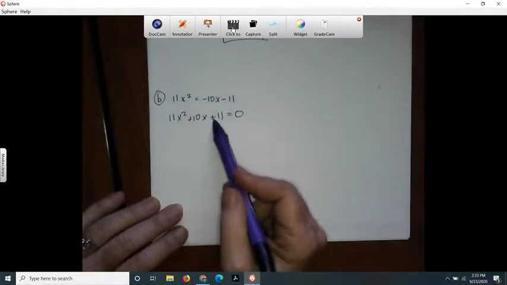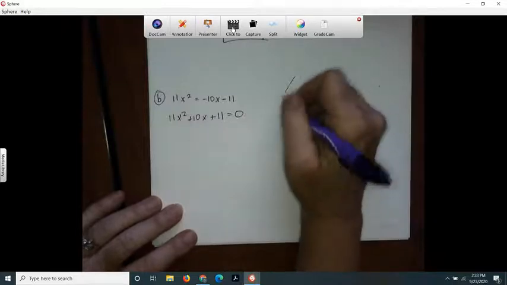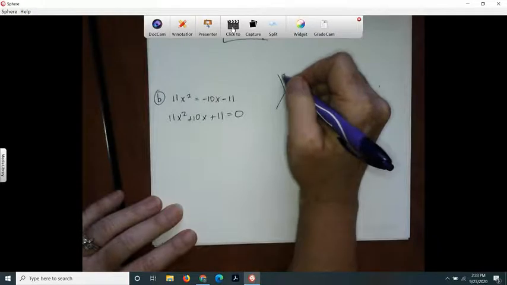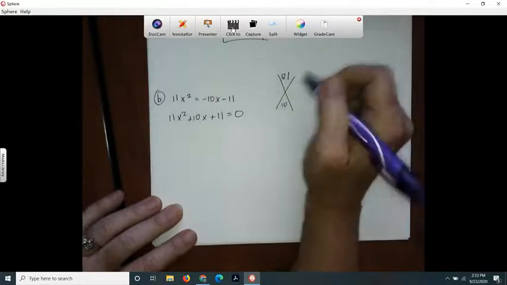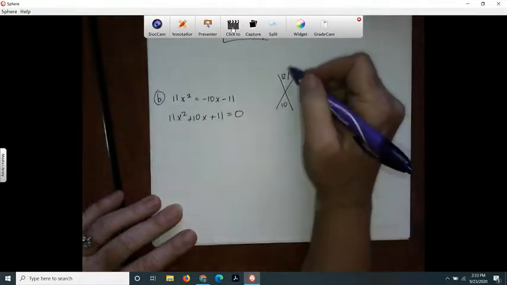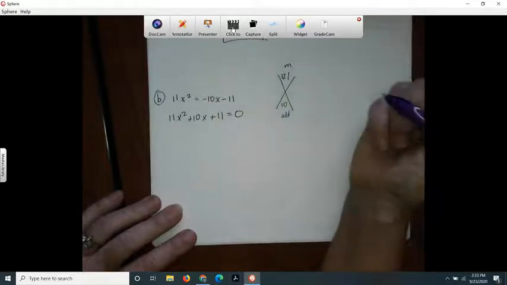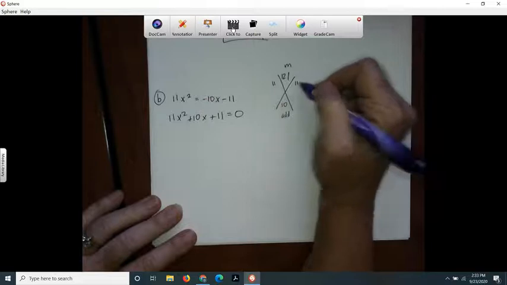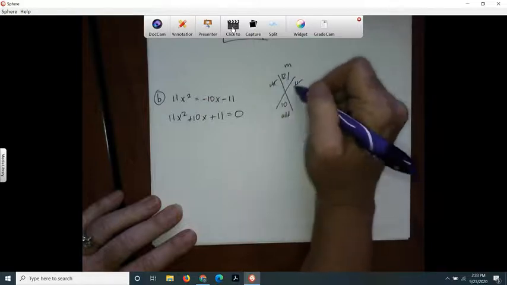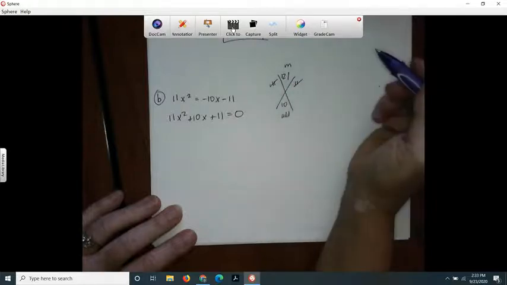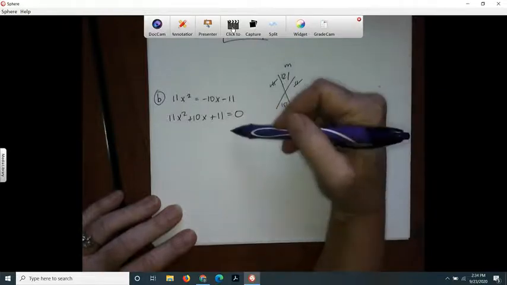I could try to factor this by finding something that multiplies to make 121 and adds to make 10. I know 11 times 11, but those will never add to make 10. I don't think I'm going to find anything. I don't think this is factorable.